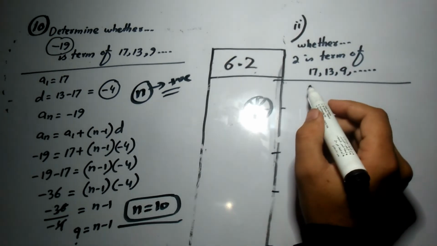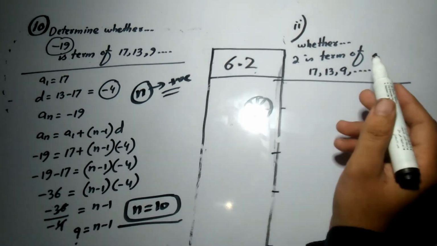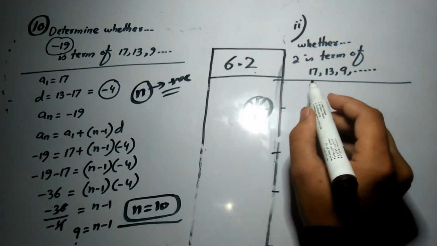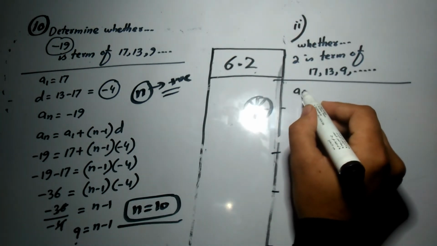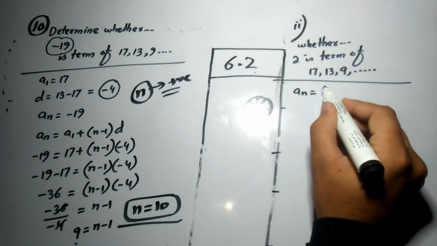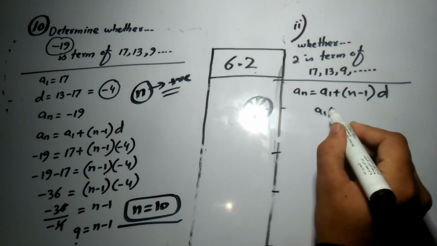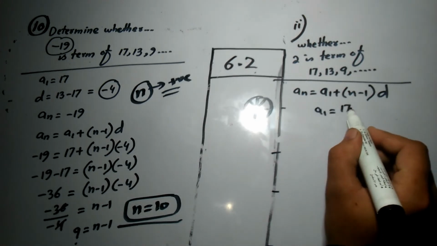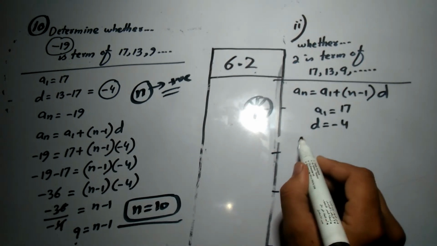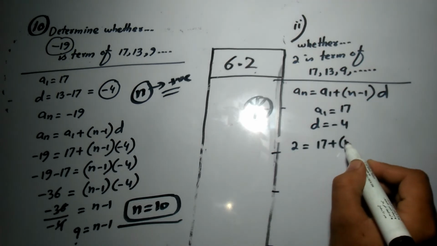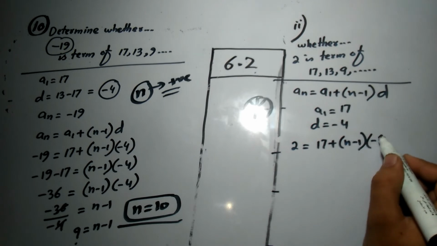Similarly, the second part of question number 10 is, is 2 a term of the arithmetic sequence or not. So an is equal to a1 plus n minus 1 d. Here a1 is equal to 17, d is equal to minus 4. So 2 is equal to 17 plus n minus 1 times minus 4.